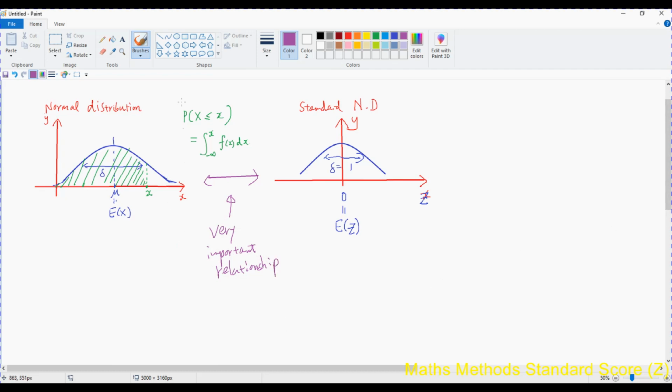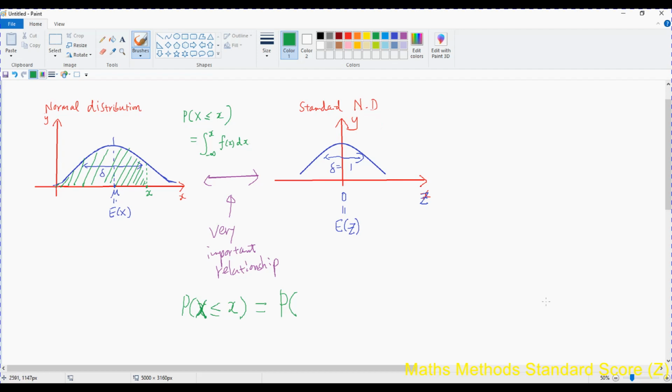Because if you try to find the probability of x less than a value in the normal distribution, on the left hand side, you can transform that probability by finding the probability using a standard normal distribution. Let me say again, you can do that on a standard normal distribution.